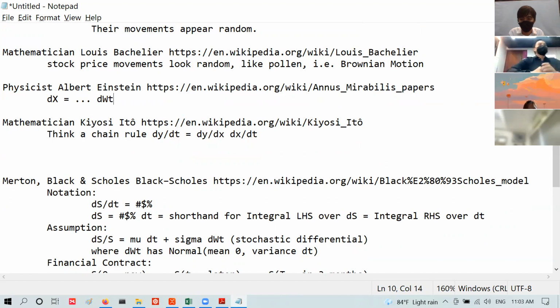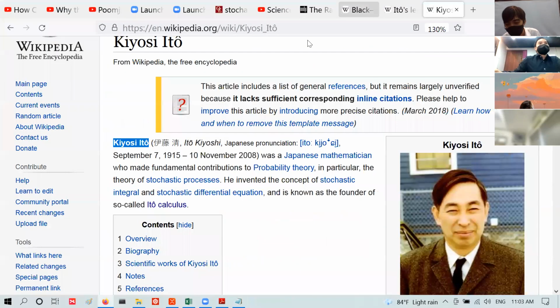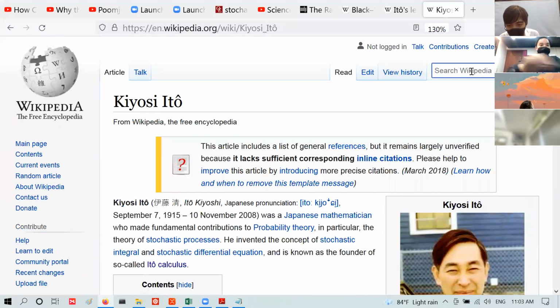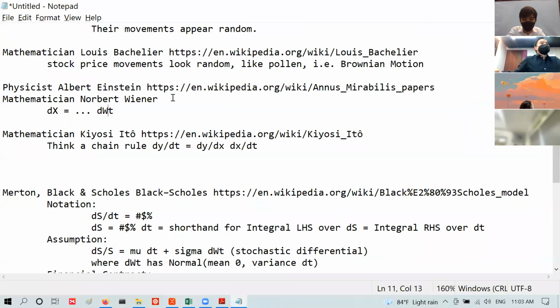By the way, Einstein didn't do it alone. He kind of did the mathematics, but the real mathematics was by another guy named W, the mathematician Norbert Wiener, who is one of my heroes that you guys don't know about because he's the first cyberneticist. That's why it's W for him. Anyway, something like this. A whole bunch of stuff.